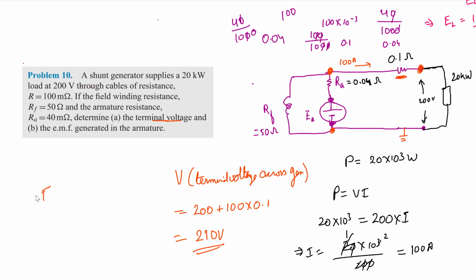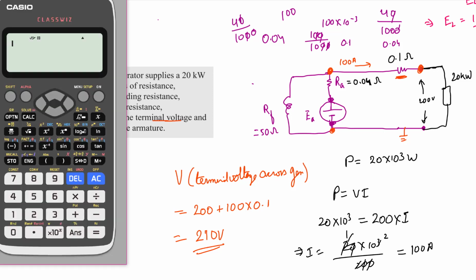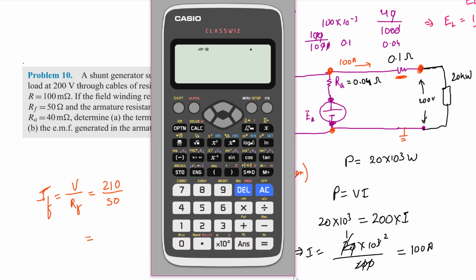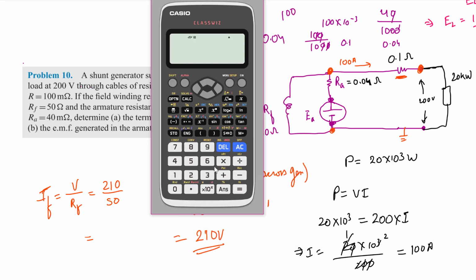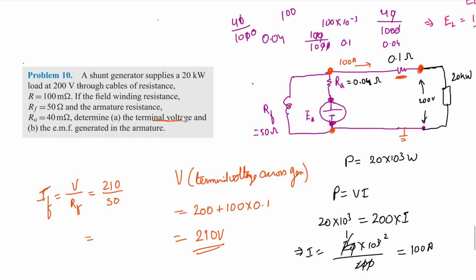So the field current IF is equal to V divided by RF, which is 210 divided by 50, which is equal to 4.2 ampere. So this is the IF.